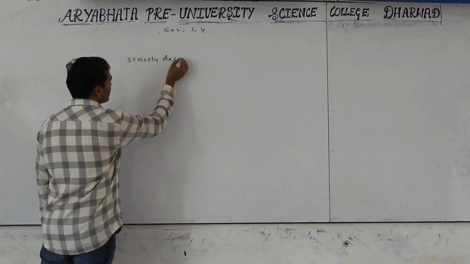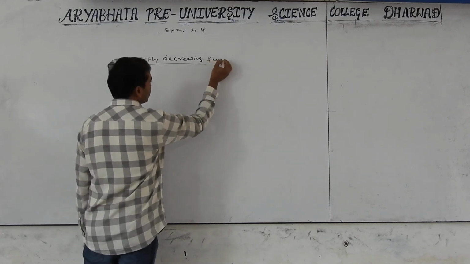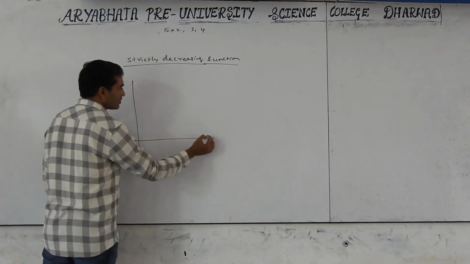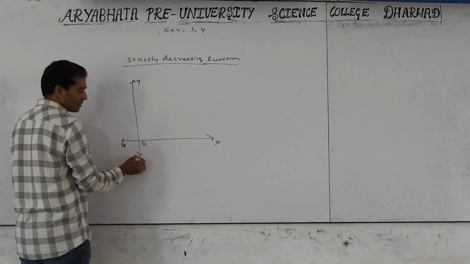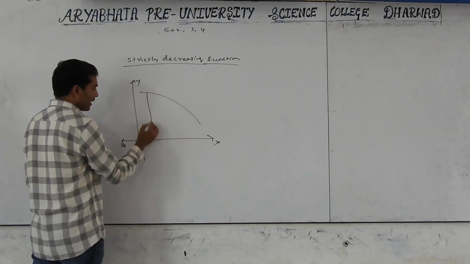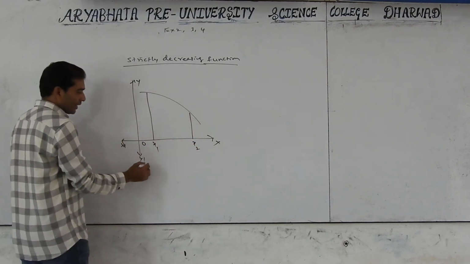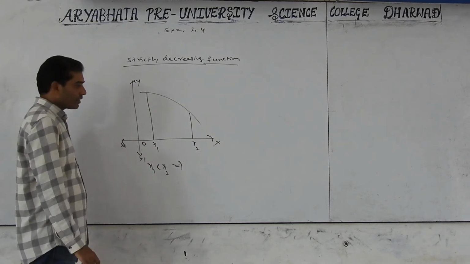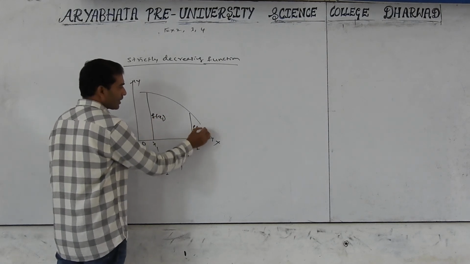Strictly decreasing function. X'OX, Y'OY. Let this point be x1 and this point x2, x1 less than x2. This length is f of x1 and this length is f of x2.